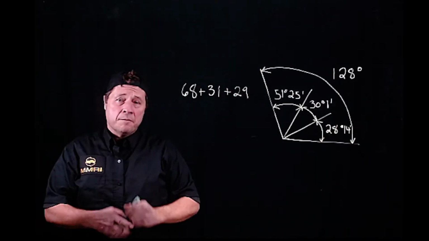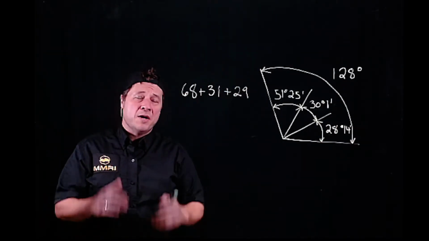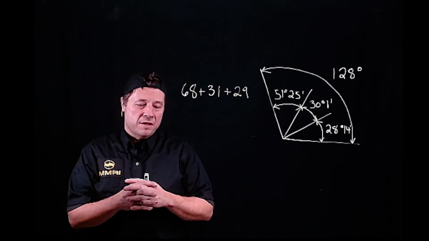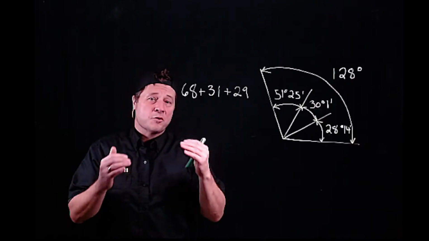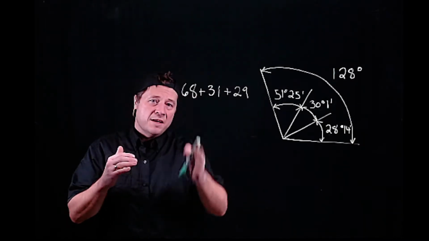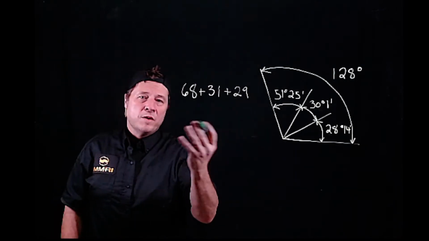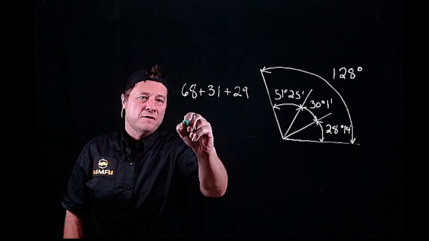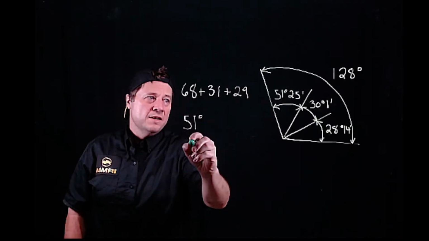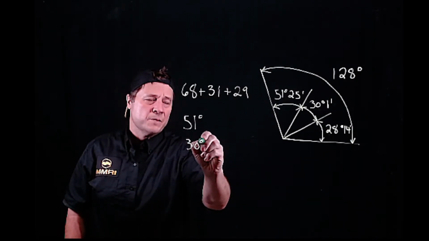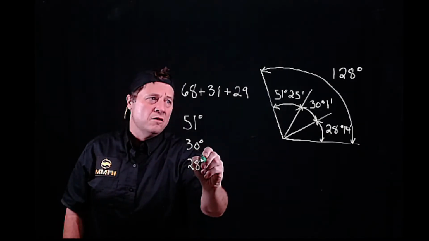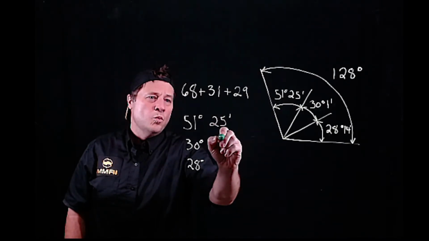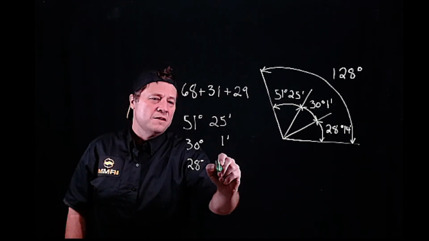So again, going back to math, even thinking about adding decimal fractions, whether we're adding decimal degrees or we're adding degrees, minutes and seconds, we add in columns, right? So we put the 51 degrees and the 30 degrees and the 28 degrees in a column, and then we have the 25 minutes, 1 minute, and 14 minutes.